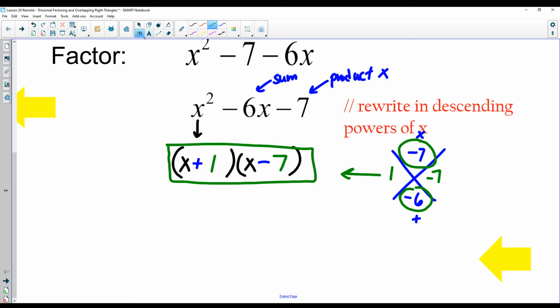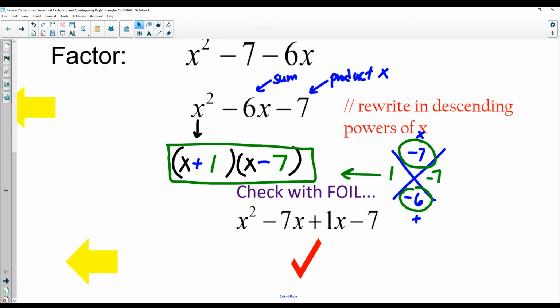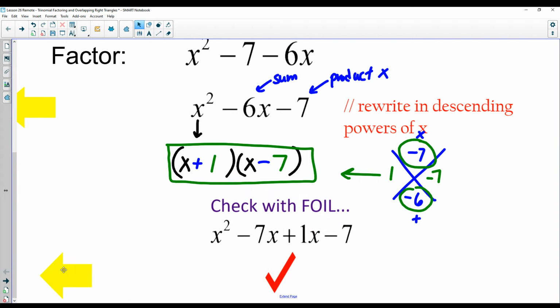So that one is factored. By the way, we can always go back and check with FOIL to make sure that we did it correctly. Let me get red here. Remember, FOIL is first, outer, inner, last. Let's try this real quick. The first product, x times x, x squared. The outer product, x times negative 7, negative 7x.